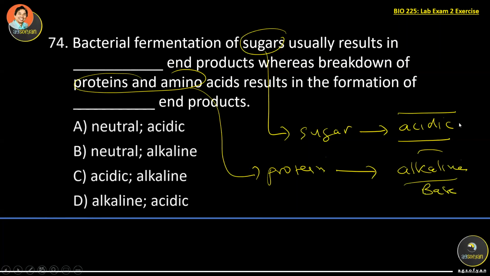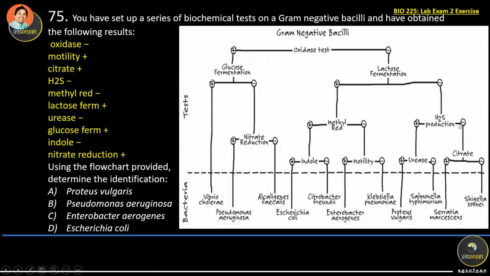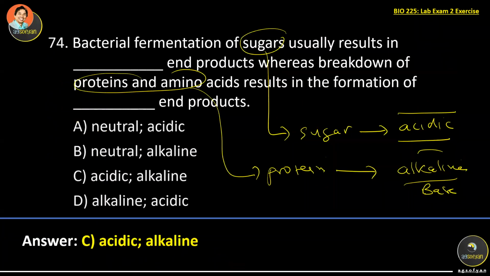Okay, so acidic pH is lower than 7. Alkaline pH is higher than 7. Remember, 7 is neutral pH. So the answer will be acidic and then alkaline.